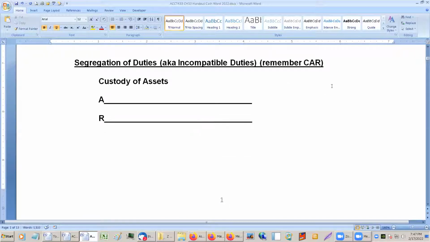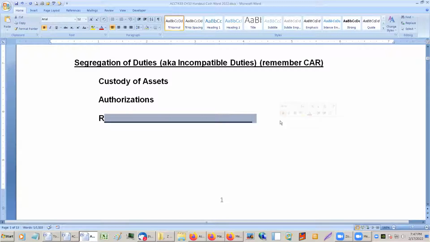Custody of assets. I'll go through examples here in a second. Authorizations. And record keeping. So this is our CAR.